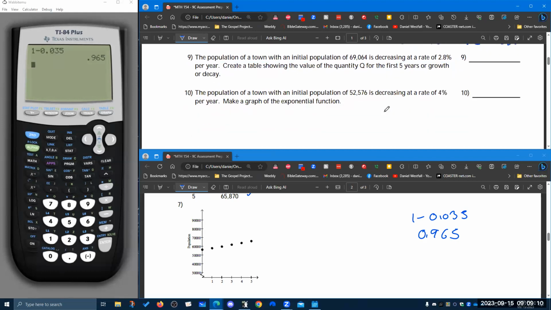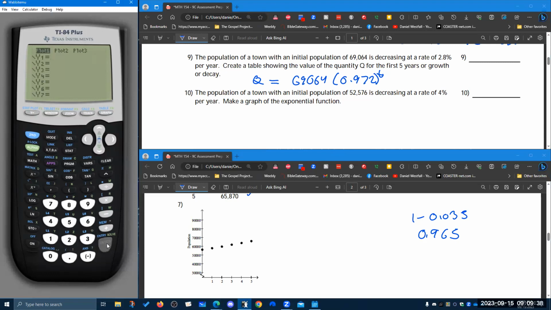Population of a town with an initial population of 69,064 is decreasing at a rate of 2.8%. So we're keeping 97.2% of 69,064. And we want to create a table showing the first 5 years.